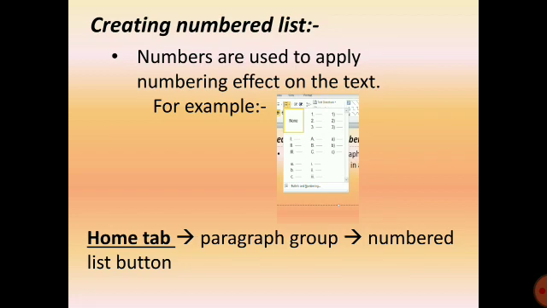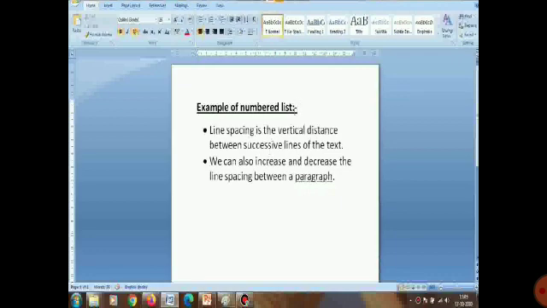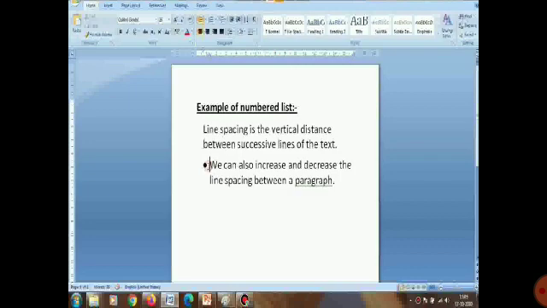Now this option is present in Home tab, in paragraph group, just after the bullet option. Now see the example. You can see I am deleting the bullets from here.